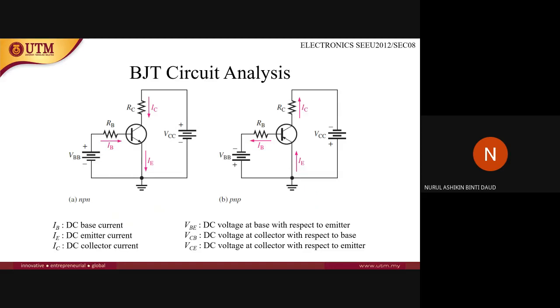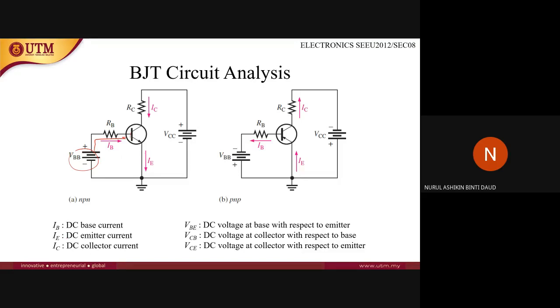All right, so BJT circuit analysis. When I say IB here, it refers to the DC base current, the current that flows to the base from the external source here. Usually it's given. So what is IE?